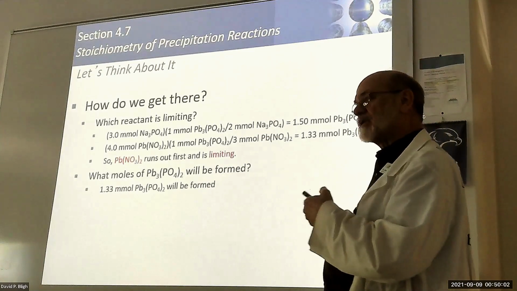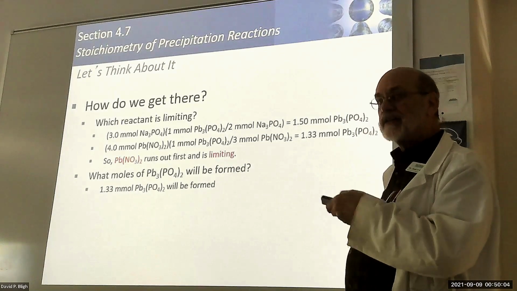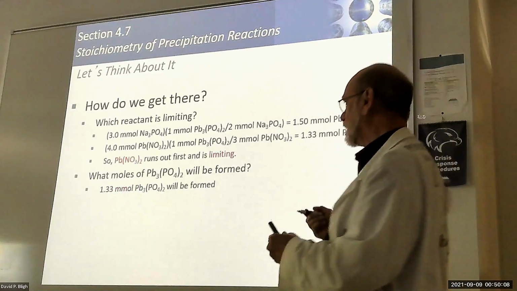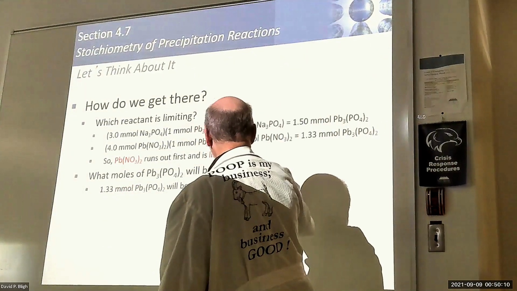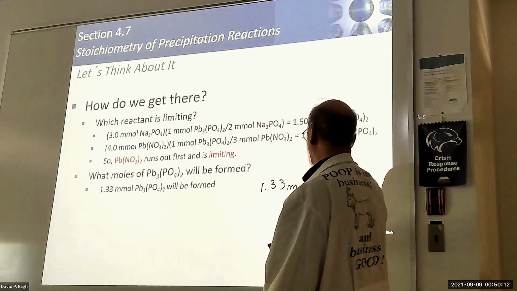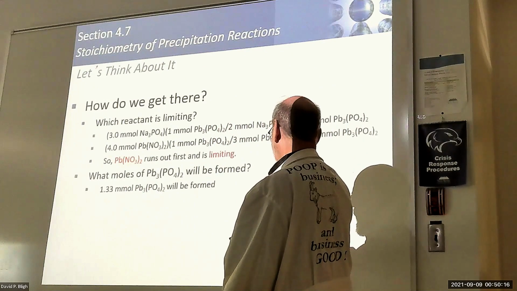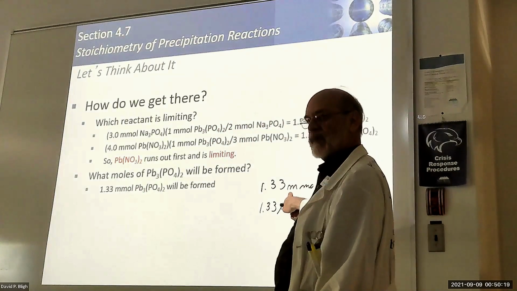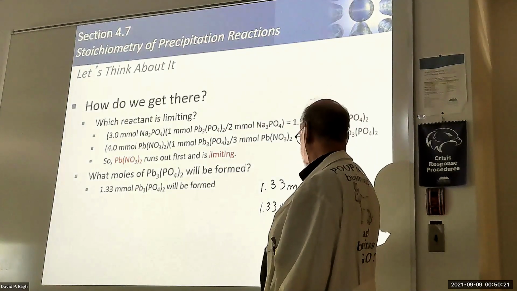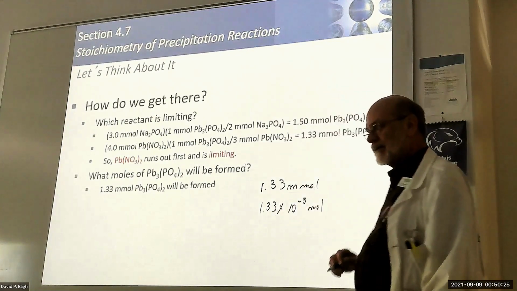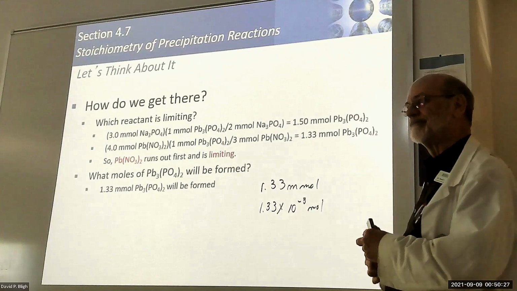If you need to convert it to mass, then you do have to convert back to moles. So if this is 1.33 millimoles, how do you do that? 1.33 times milli is 10 to the minus 3. There. Now you can convert to grams.